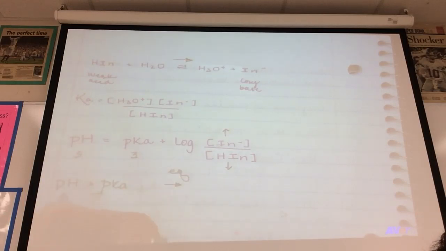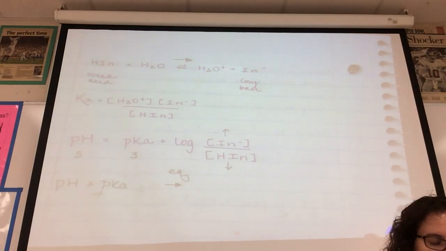So it makes sense that if the pH is greater than the pKa, equilibrium shifts in the forward direction, the conjugate base will be generated, the weak acid will be utilized, this quantity will increase, and as a result, you'll draw more even, which is what Le Chatelier's principle states.